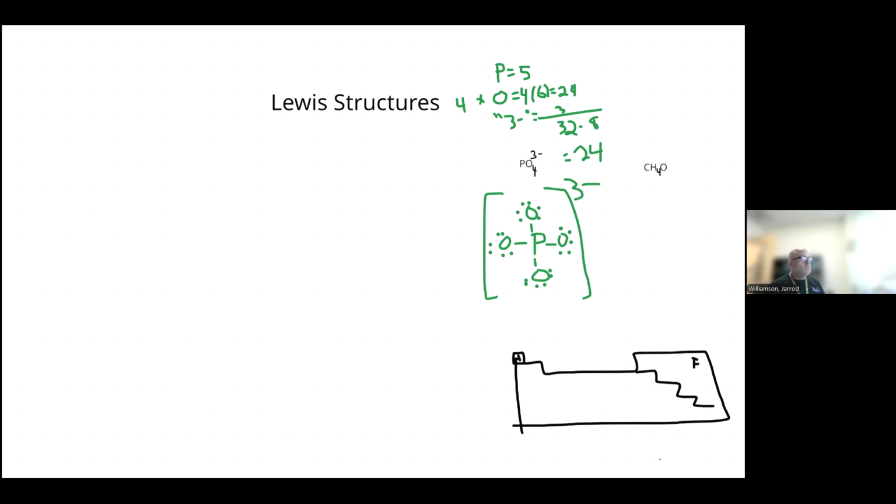Get the eraser, clear up that. And pen here. I'm going to do dark blue. CH4O.